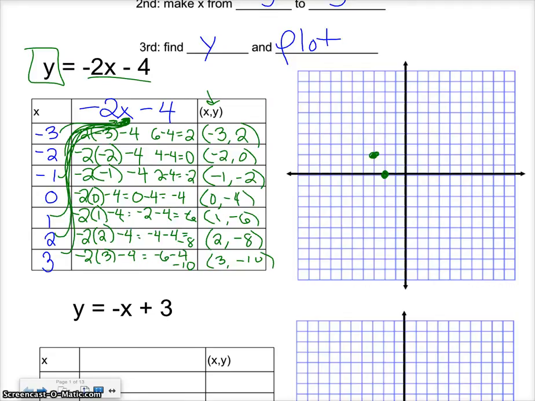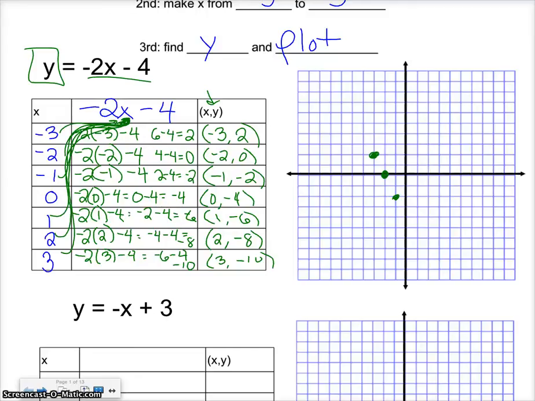Okay, next one, (-1, -2). And it should be going in a line. If it's not going in a line, you did something wrong. So today when you're checking your work, if it's not going in a line, then you messed something up. So be careful for that.